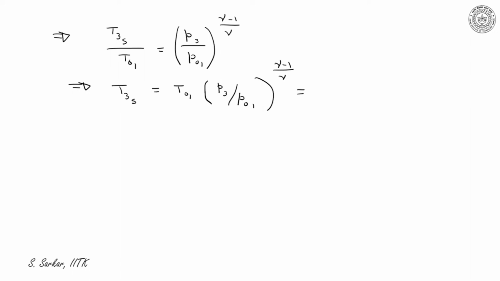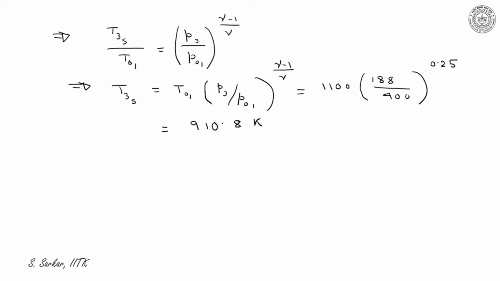Let us put all the values: 1100 Kelvin, P3 I know 188, P01 I know as 400, divided by 0.25. And if you evaluate this, you will get 910.8 Kelvin.